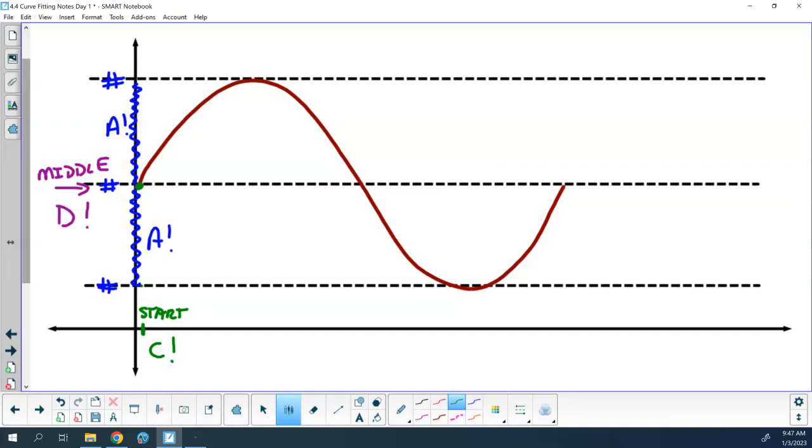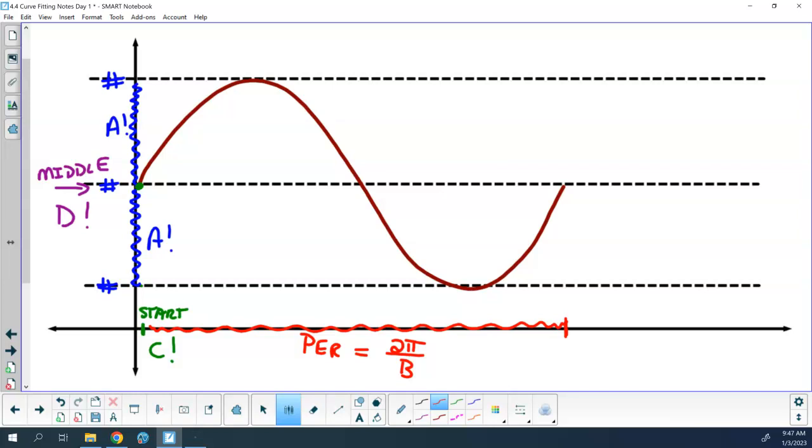And then, based off of this, that's my period. And so I set that equal to 2 pi over b, and I get my b from that. Okay?